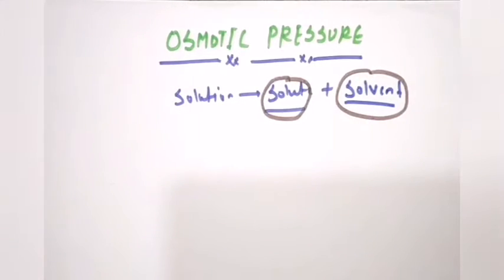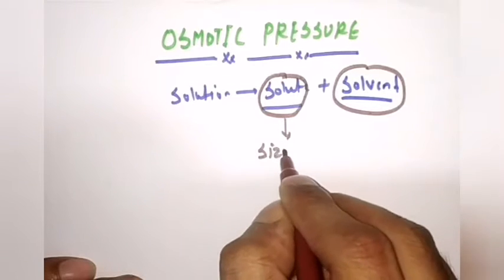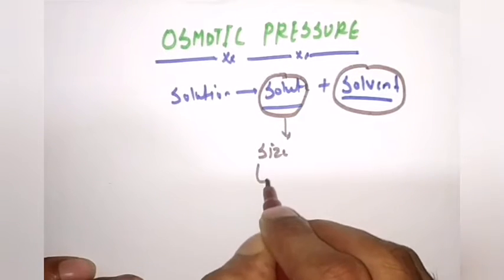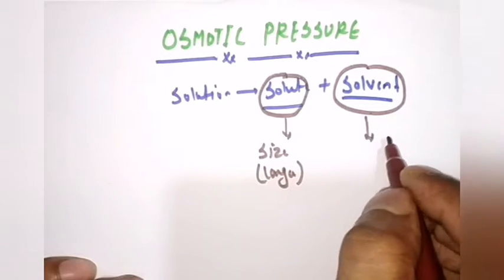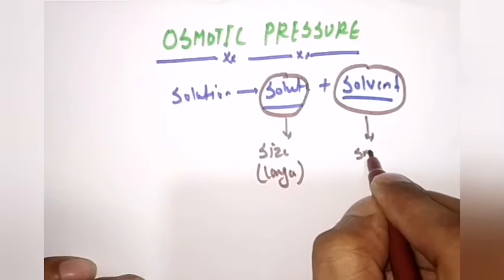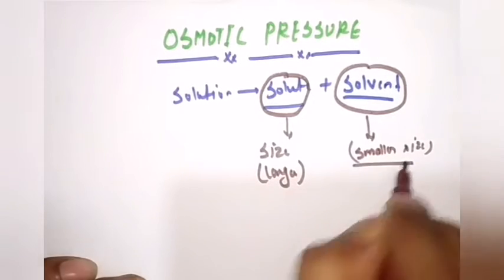The solute will be the component which is larger in size, and the component which has a smaller size will be called the solvent.